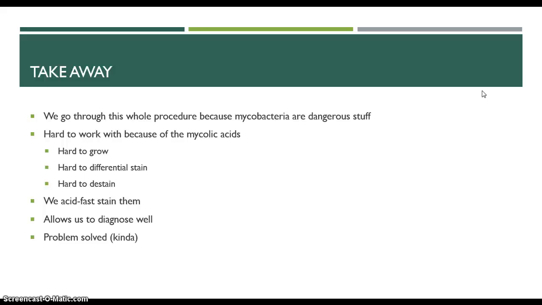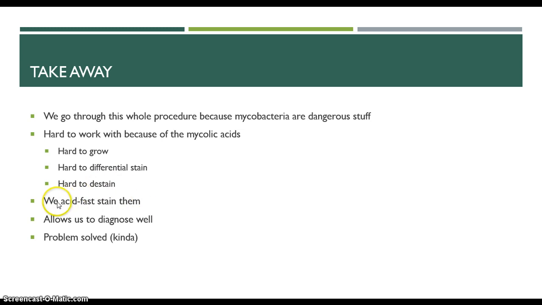And so the takeaway here is that we go through this whole process because mycobacteria tend to be generally dangerous things. You have things like tuberculosis and Hansen's disease that come about by mycobacterium species. And so it's hard to work with because it's hard to grow in artificial media because of the hydrophobic outside, and then it's hard to differentially stain with gram stains, and then it's hard to take the stain out with things even as powerful as the acid alcohol.